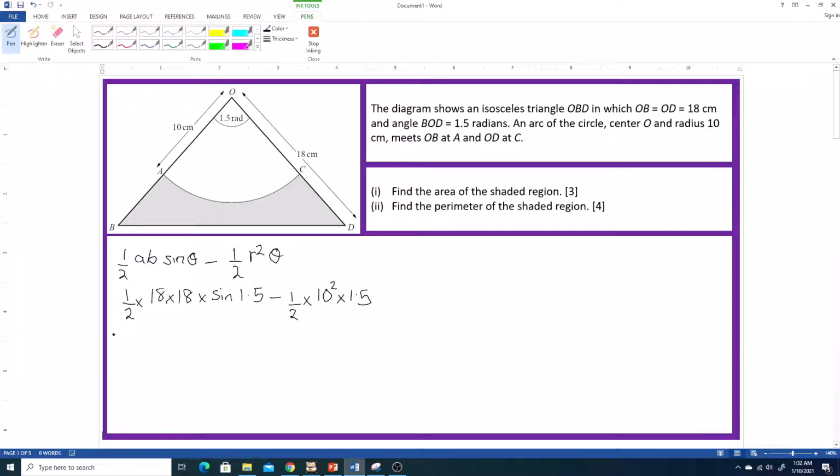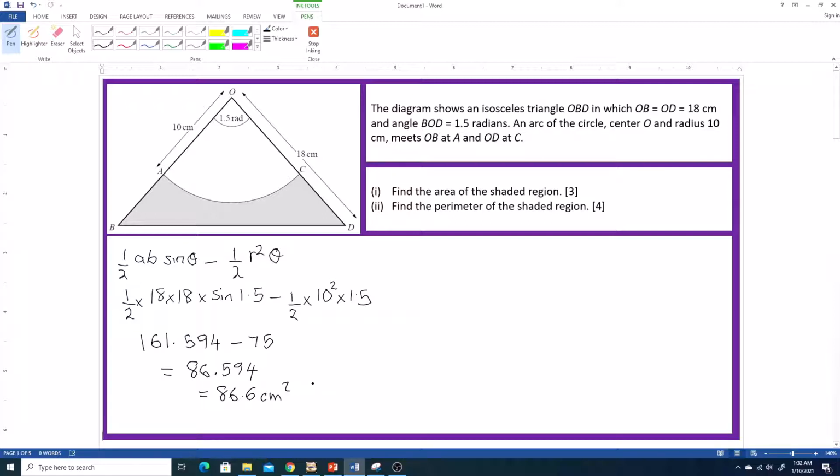So that gives us, when we punch it in our calculator, 161.594, and we need to subtract 75. That's what I got when I punched it in my calculator, and when I subtract that I get 86.594, which I'll give as 86.6 centimeters squared.